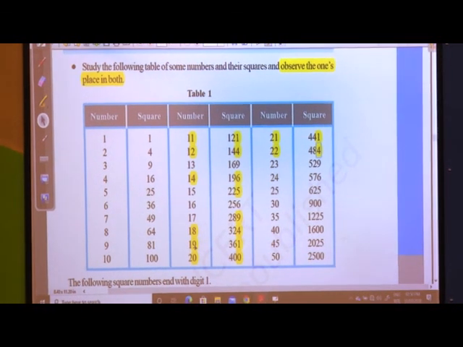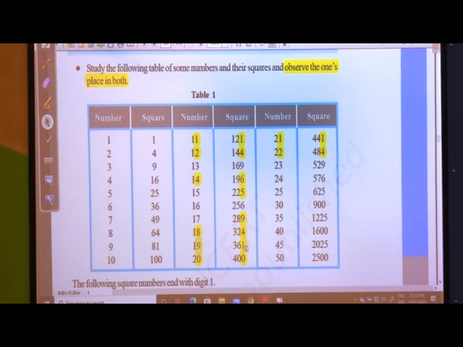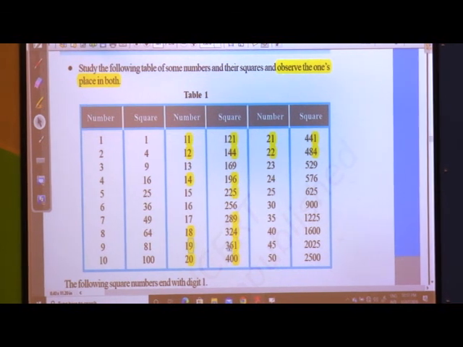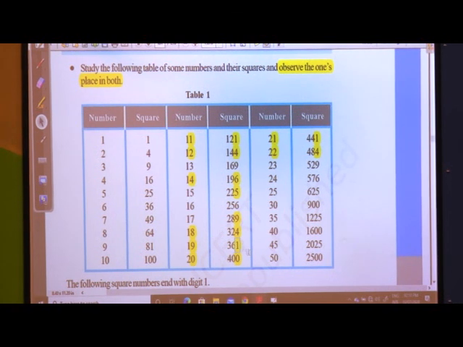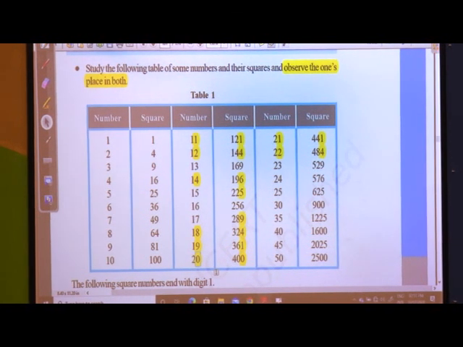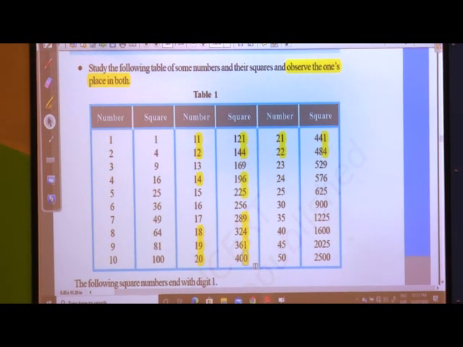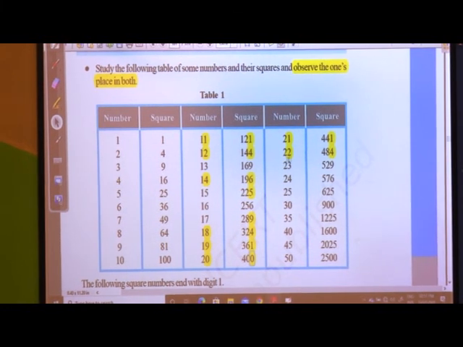In ones place the digit is 9 and in the square, 19's square, in ones place the digit is 1. Next 20, 0 is the digit in ones place, square is 400, again 0 is the digit in ones place.